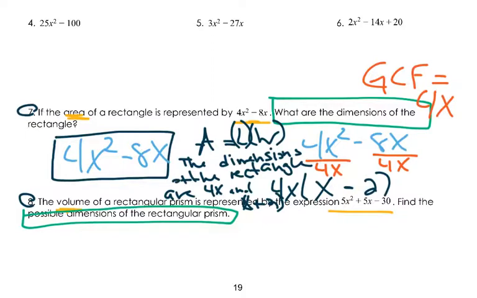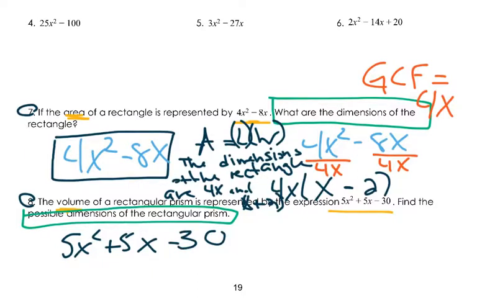If they're asking me for the dimensions, just like above, they're probably asking me for the factors. What factors, when I multiply them together, give me the expression 5x squared plus 5x minus 30?